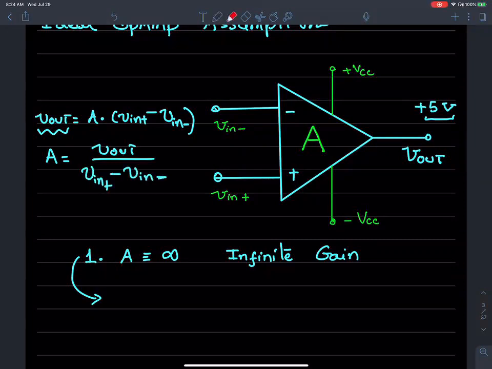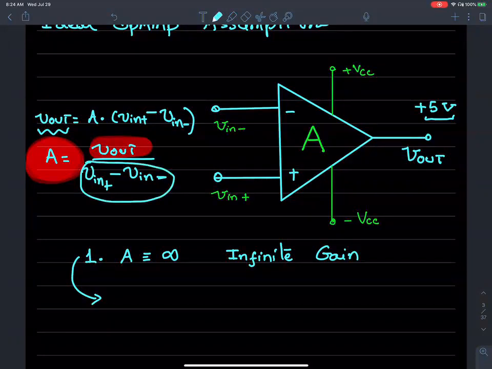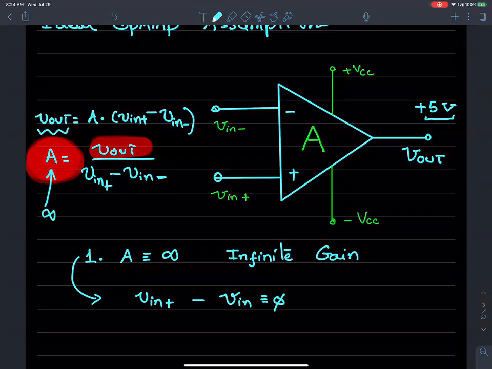Now the assumption was that this guy A is infinity and this is a small number, 5. What does it tell you about the denominator? That it's very, very small. It's 0, right? For this to be infinity, the denominator has to really be a 0 value.